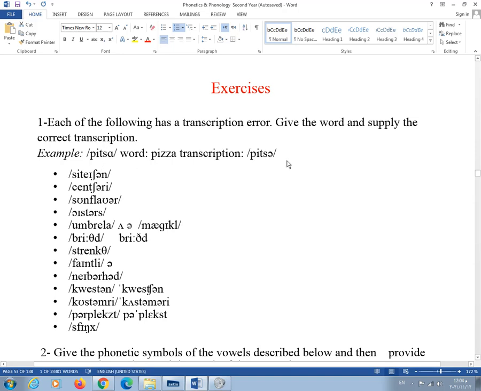Look at these words and you will find an error. For example, here's the word station. This is incorrect, so we delete this and say station. Look at the other words, and please try to do the rest of the exercises.